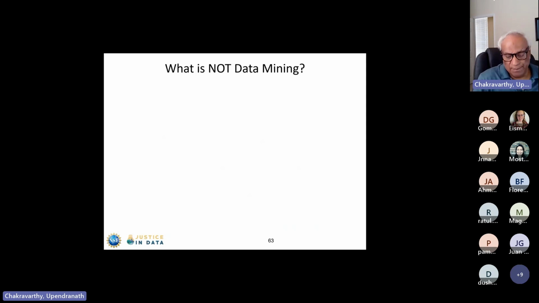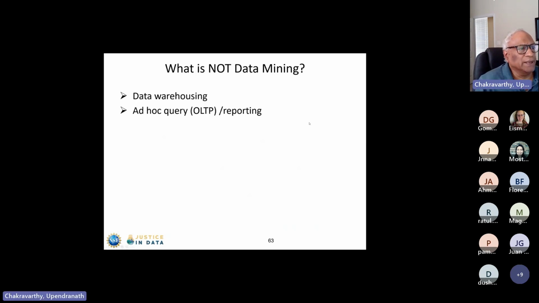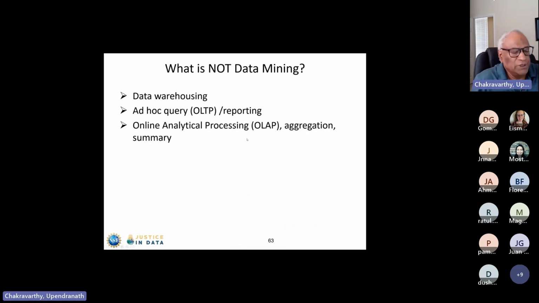So what is not data mining? It's also important to understand and not get confused between some things we do, are they data mining or not? So here is a list of things. What you do in data warehousing is not data mining because you're asking specific queries and doing complex analysis. Complex analysis does not mean you are inferring new data. Ad hoc querying, which is typically done, or report generation, OLAP, which is associated with data warehousing, data visualization.